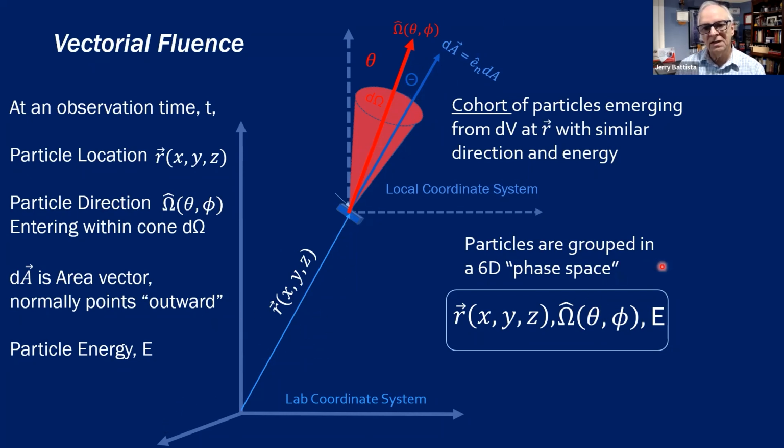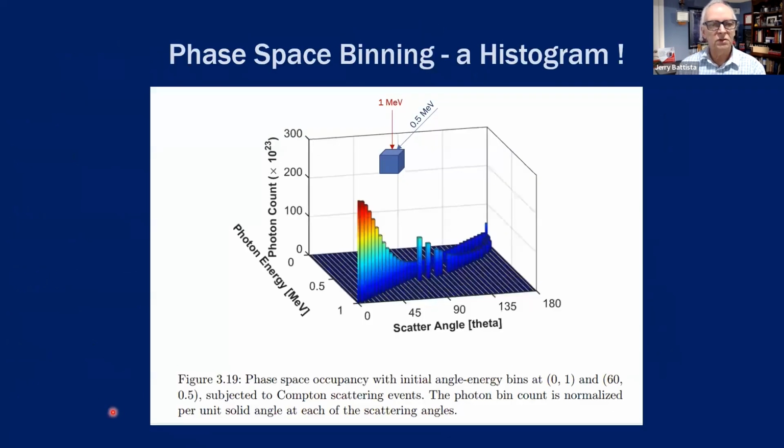But the important thing is that you now have grouped your particles in what is called a phase space. The phase space has 3 coordinates for the position, 2 coordinates for the angular direction, and we also track the energy of the particles here. And if this is known everywhere, then theoretically you can compute a dose distribution.